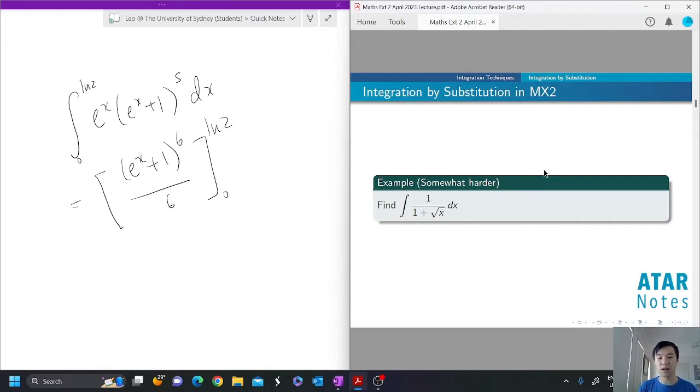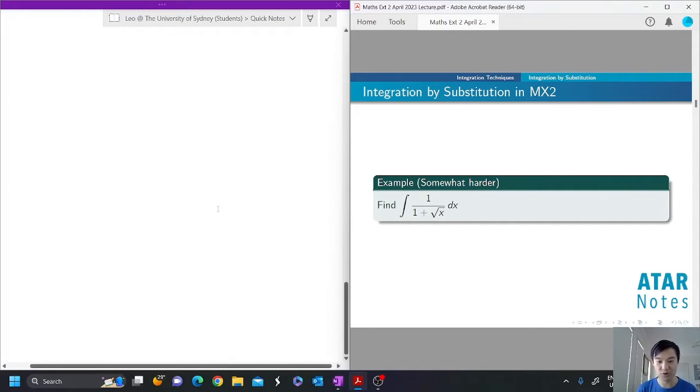Okay, so what about a question like this where you are asked to do the integral of 1 over 1 plus root x? Ask yourself, how could I do this? Well, the problematic aspect is we've got the square root here, which is kind of hard to integrate. So what if I make a smart substitution to somehow get rid of that square root?